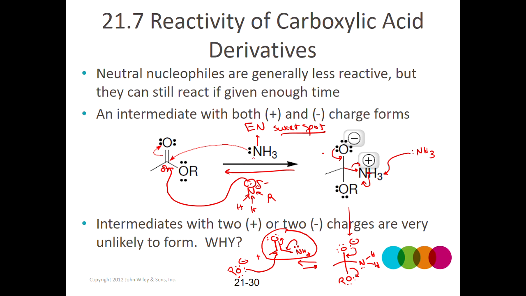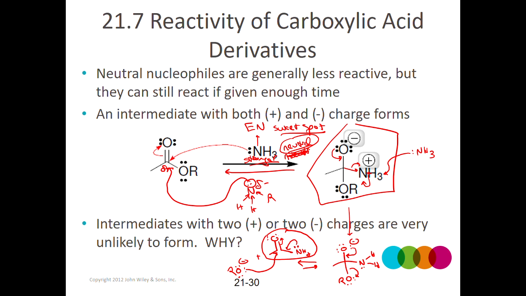So the point here is, even though most of the time you don't go through an intermediate that has two charges, if your nucleophile is one of the stronger nucleophiles of those that don't have a negative charge, like a stronger neutral, one of the strongest nucleophiles that actually doesn't have a negative charge, and it can stabilize a positive pretty well, it can come in often enough to create enough of this intermediate that after a proton transfer, electrons can swing in and give you a product.